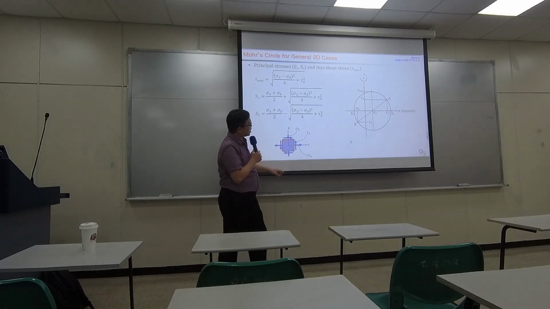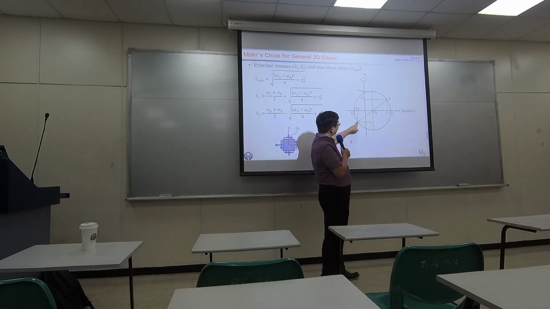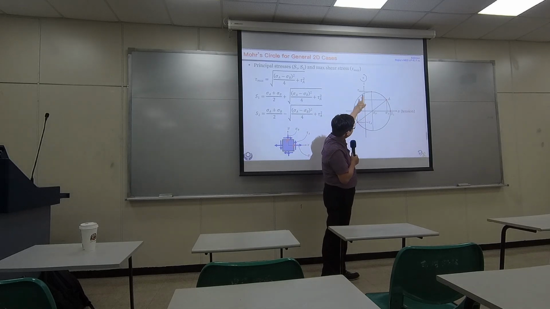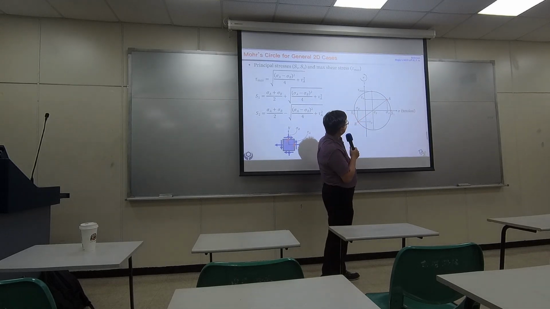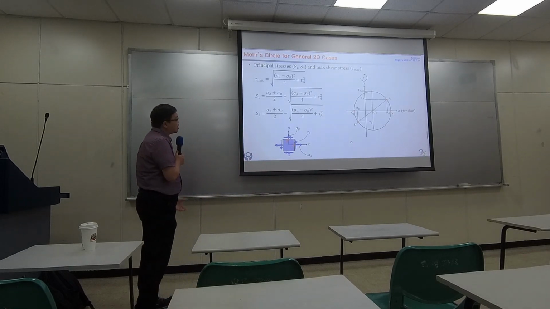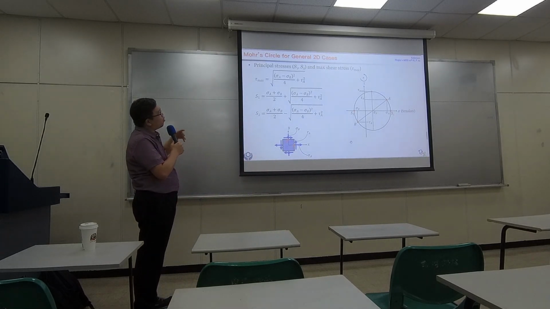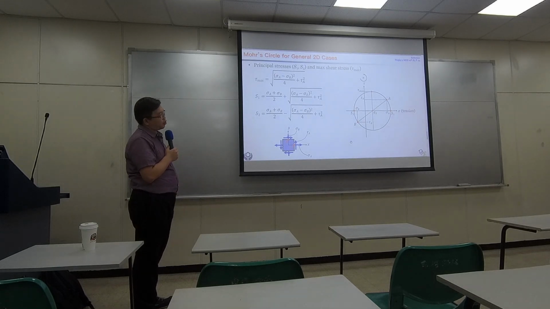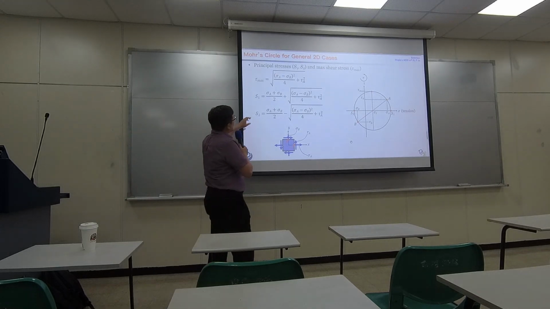In this particular case, that means the B point is not on top of the tau axis. In that case, the equations could be more complex. However, it is nothing new. Okay, same idea.